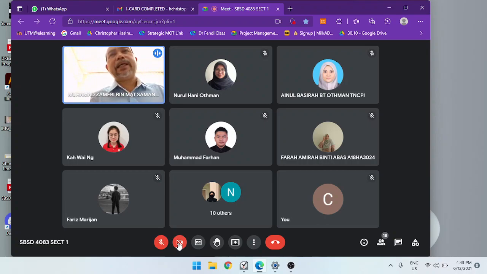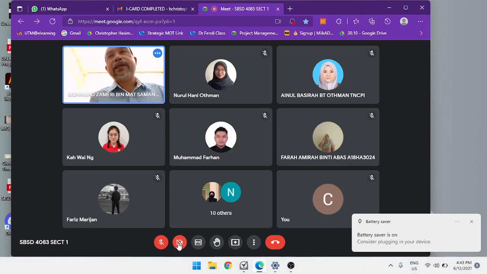Dia masih ambil subjek ni ke ataupun dah drop? Okay, tak apalah. Just in case you ada contact Sabah dan Lutfi, suruh dia contact saya to confirm whether they are still in this class. Sebab kalau dalam kelas ni dia kena form group. Maybe Sabah dengan Lutfi in one group.